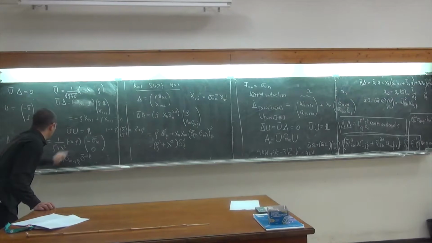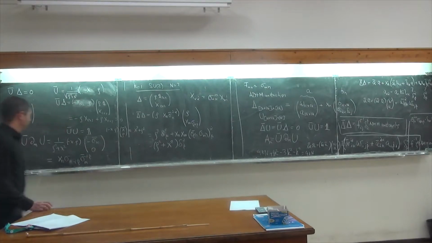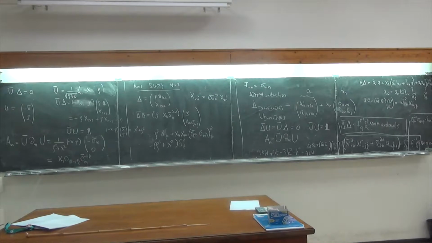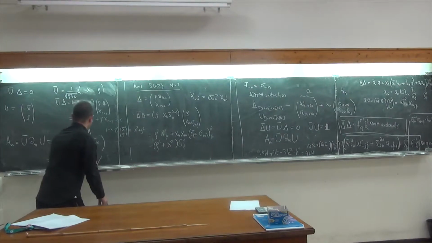So this was x_n sigma_n, and this is sigma bar. Everything divided by rho squared plus x squared.